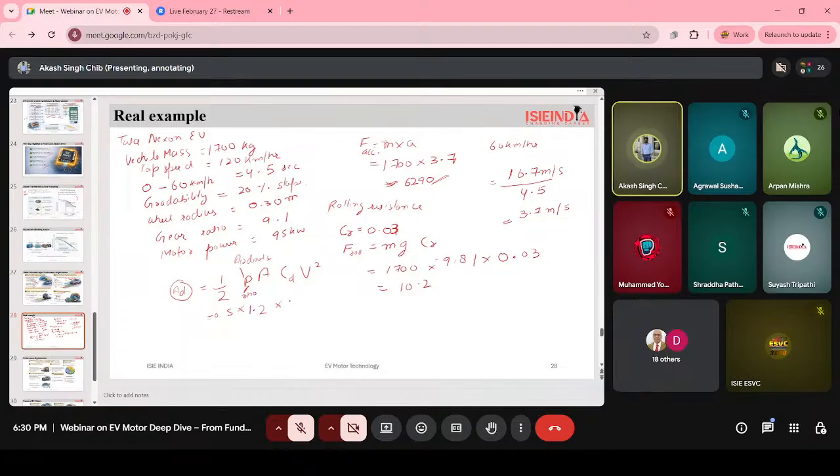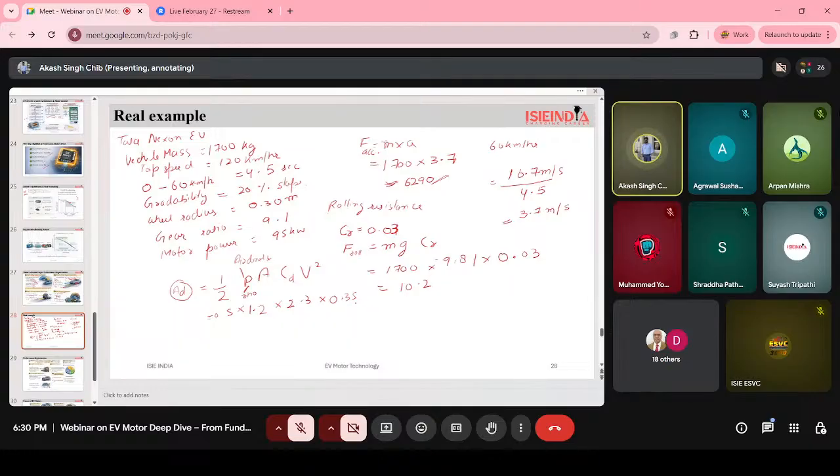A is the frontal area of the vehicle, and I haven't mentioned it above, so let's assume 2.3 meter square. CD is the drag coefficient. We are getting 0.335. I am just assuming all these numbers; they are slightly up and down compared to a real example of the Tata Nexon.